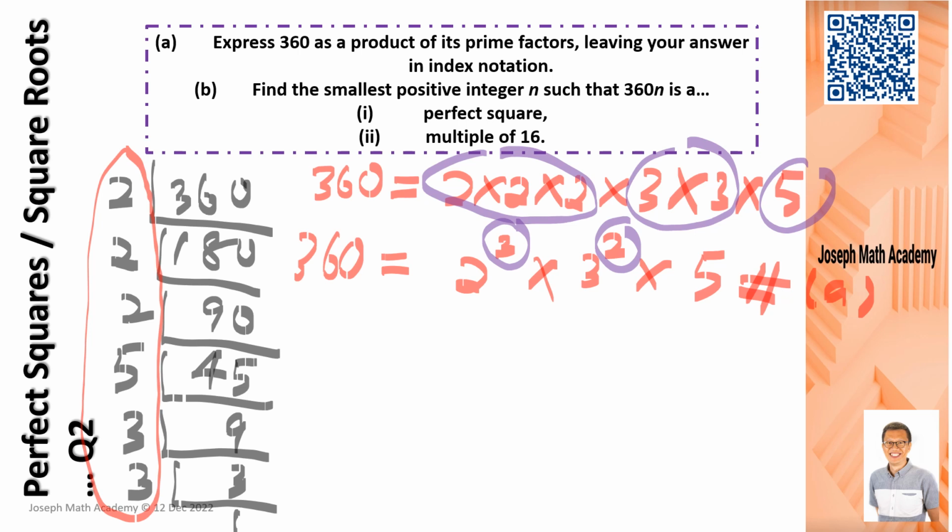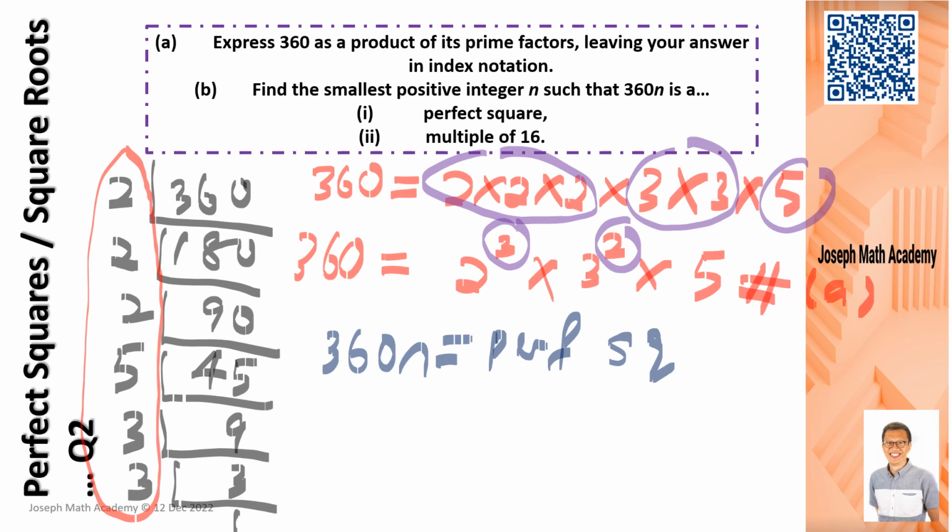B1. We are given 360n and we want it to become a perfect square. Okay, all right, so this is something that we are familiar with because it has been discussed in our previous slide.